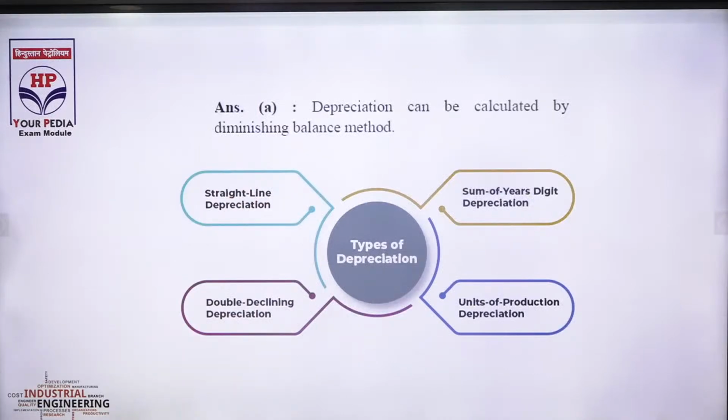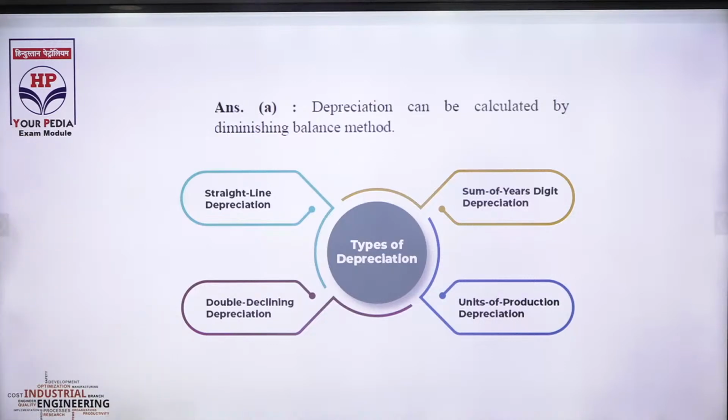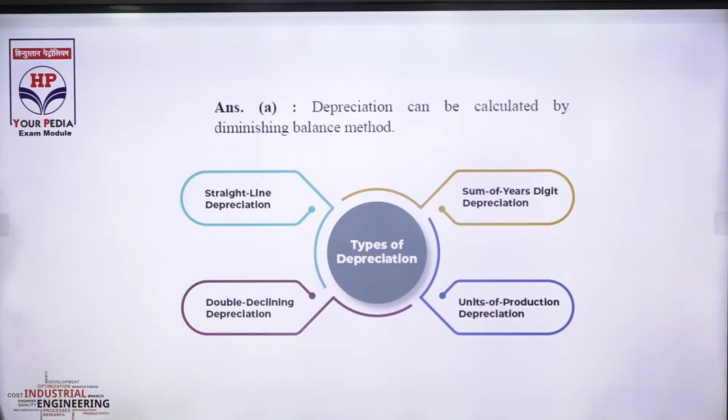These are some of the methods to calculate depreciation. Note it down. Some of the methods to calculate depreciation are: straight line method, declining method, double declining method, unit of production, sum of years digit method. You need to note these names.